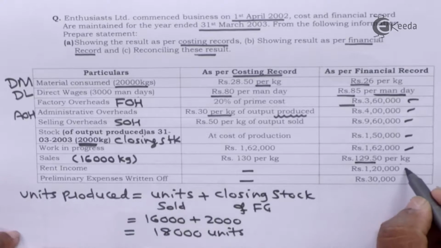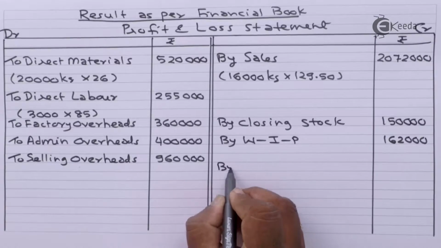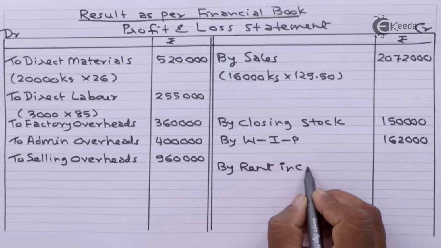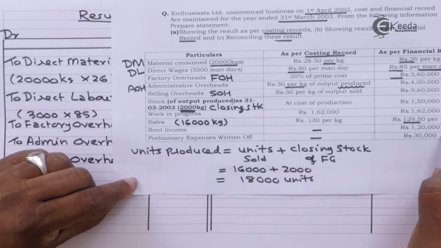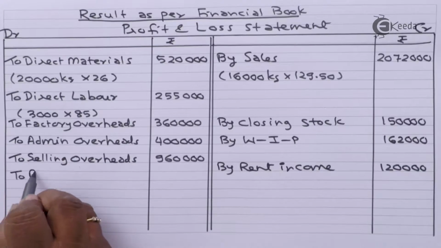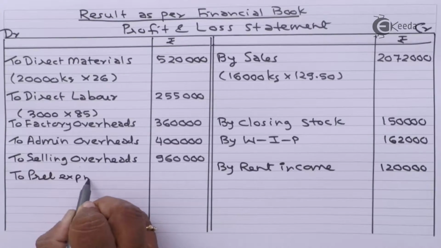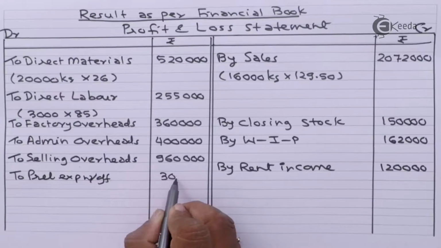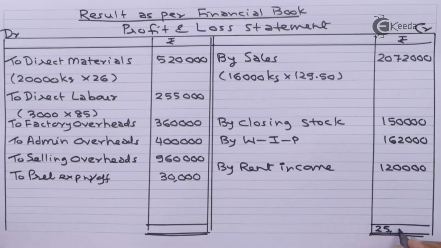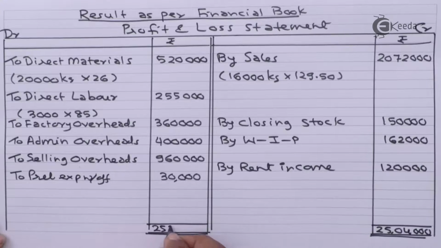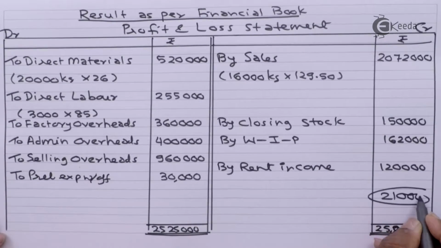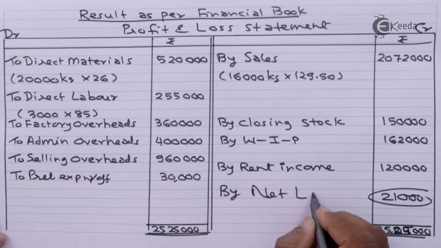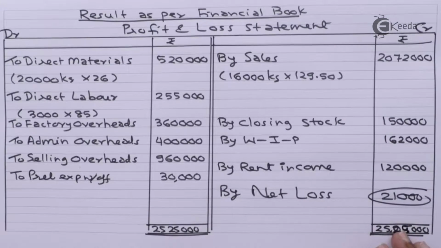Rent income 1,20,000. Preliminary expenses written off 30,000. So as per financial book, there is loss of 21,000.